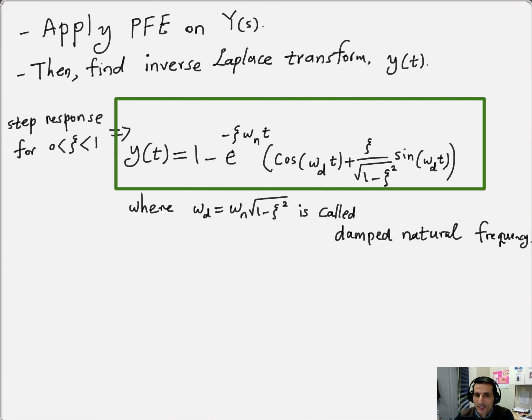That tells you that although cosine and sine are oscillatory functions, since they are multiplied by this exponential function, the response eventually is going to die out and converge to a constant. If you let t go to infinity, the exponential term goes to 0, and therefore the response y of t is going to converge to just this 1.